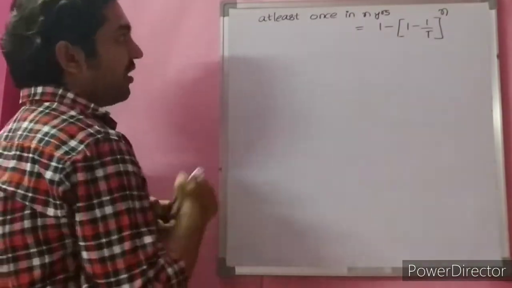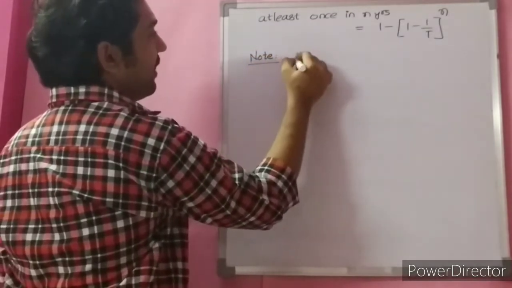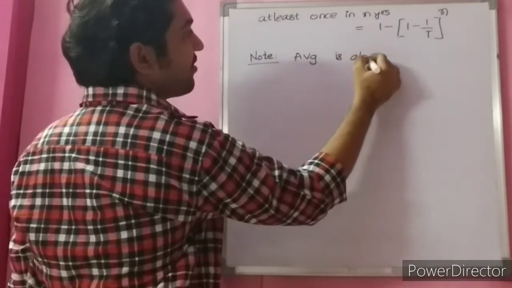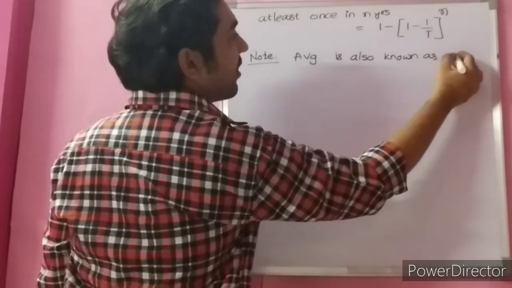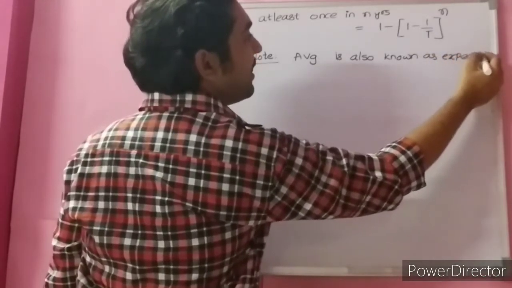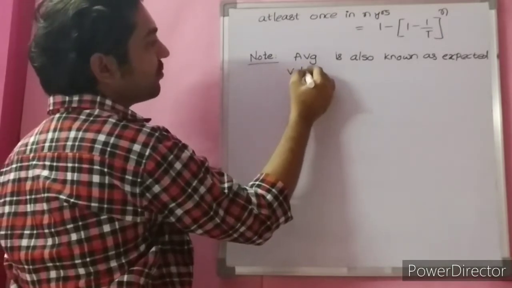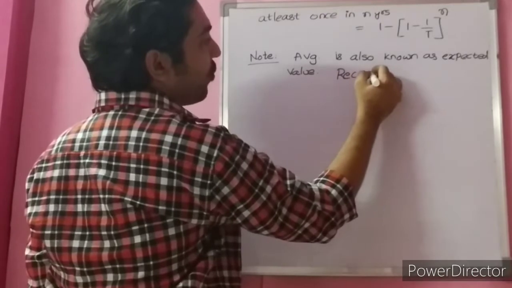And then a small note you write. Average is also known as expected value. You have studied this in your probability theory. Recurrence interval is denoted by tau.